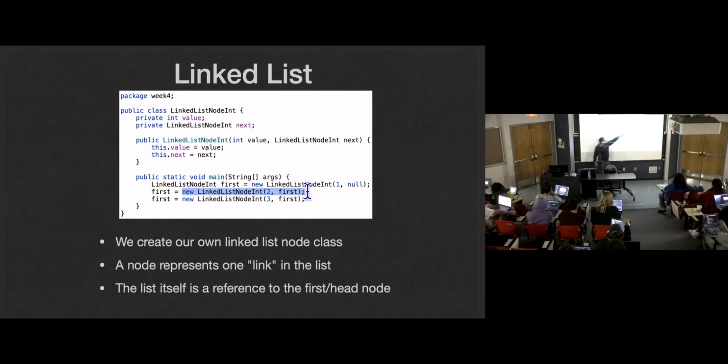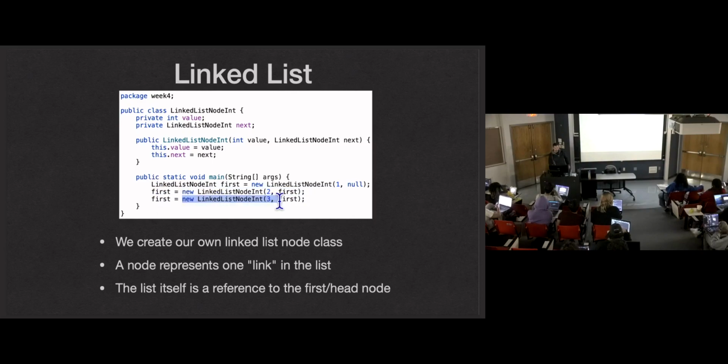So we give it a reference to that first node, the old first node, the one that we created, create this new linked list node with value 2 and its next being a reference to this linked list node, and then reassign first to a reference to that second node that was created. Then we do that again, creating a new linked list node. At this point in time, first is a reference to whatever this constructor returned, and then we reassign first to a reference to this node.